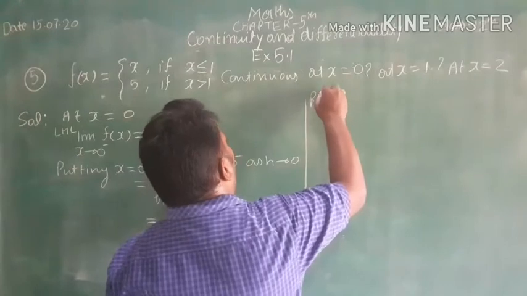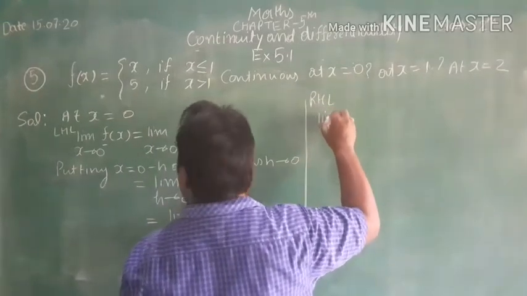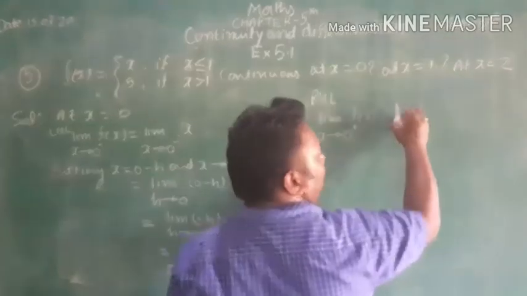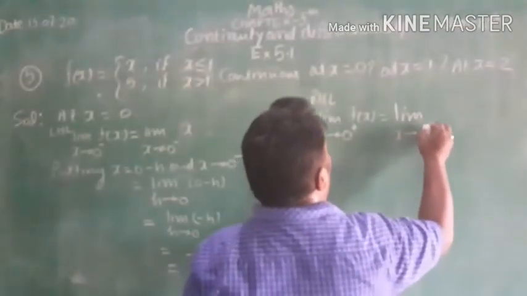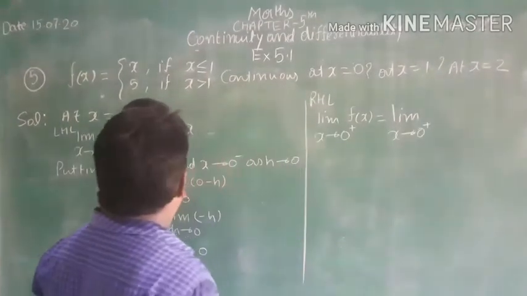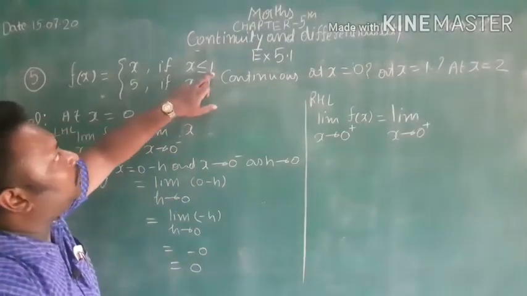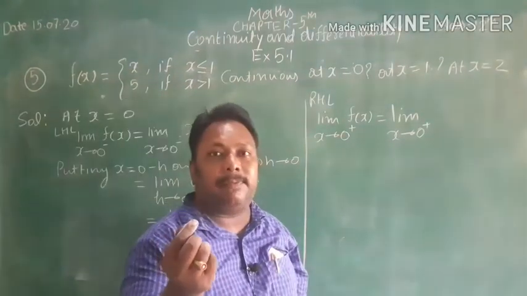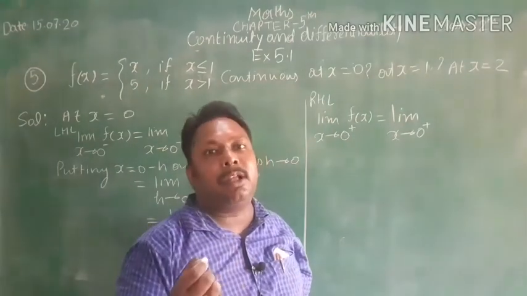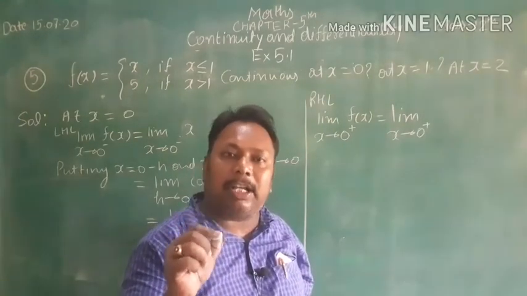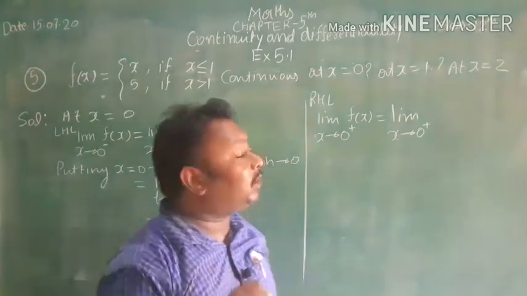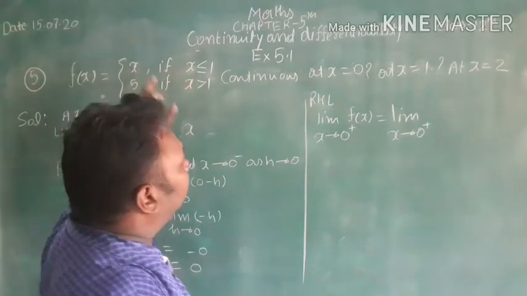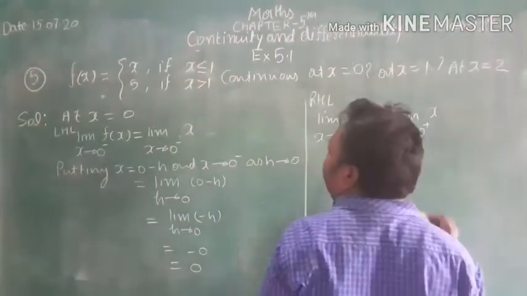Now we take RHL, limit x tends to 0 plus f(x) equal to limit x tends to 0 plus. We put the value of x. For 0 plus we also take x, because we take some number which is greater than 0, approximately 0.001. So that is 0.001, which is also less than 1. So we take the function x.